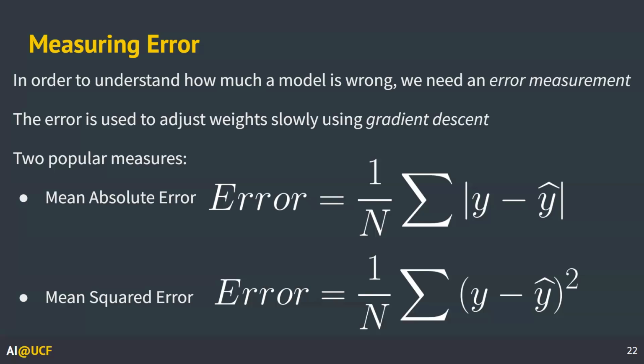One is the mean absolute error, which is the mean of the absolute value of the difference between the ground truth and your prediction, shown with y hat. Then there's the mean squared error, which is the mean of the square of the difference between the ground truth value and the prediction. So we measure how wrong our model currently is, and then we adjust our weights slightly using something called gradient descent.